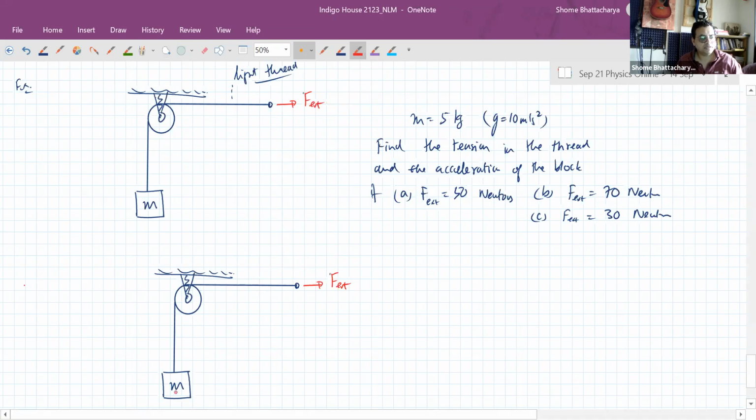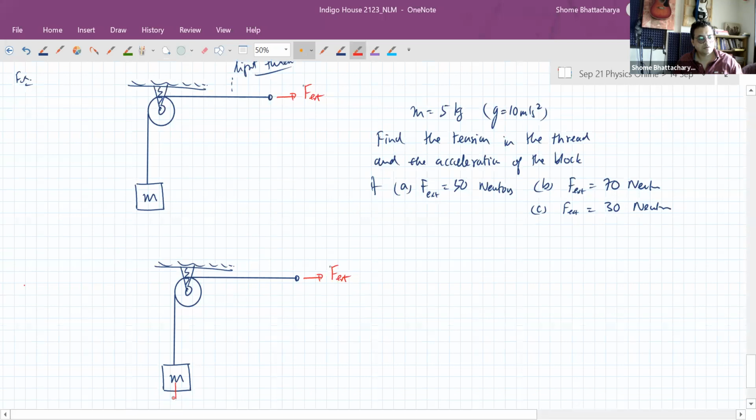So one is that mg is pulling on the block downwards, and the other is the external force. So the combination of these two things means that the string is kind of stretched out. So it develops a tension which acts in this manner. And it's a massless thread, so the tension is uniform throughout.